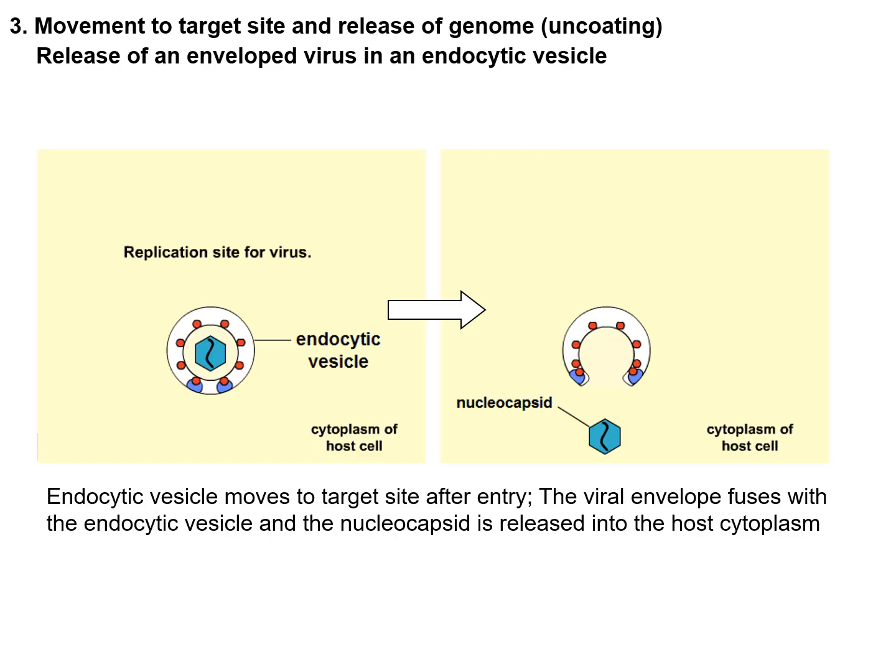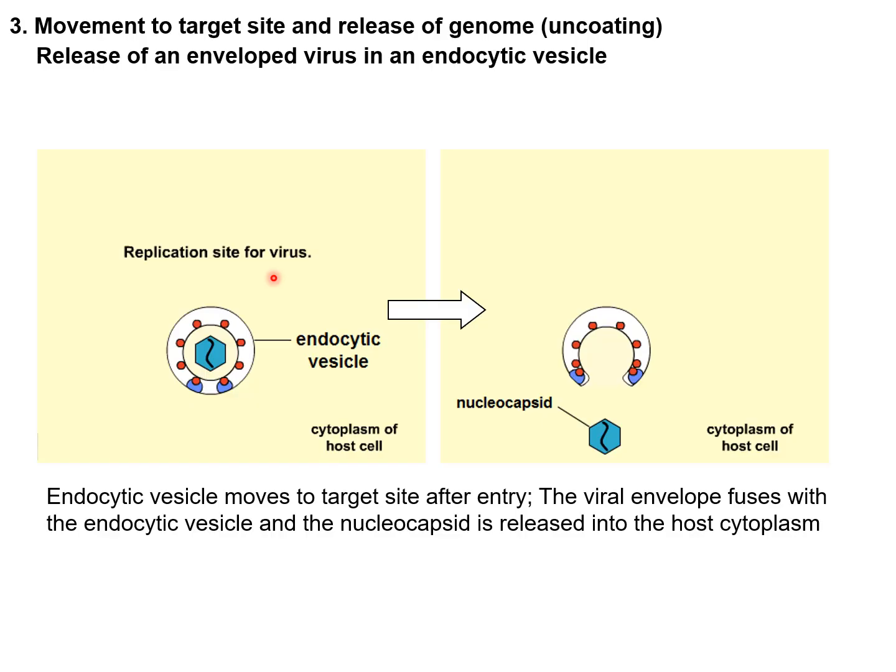So let's start with the case of an enveloped virus that came in an endocytic vesicle. How is it released? What could happen is the endocytic vesicle will move to the target site after it goes in. How exactly it is guided is not always understood, but we know that the endocytic vesicle will go to wherever the site of the replication of the virus is, or wherever the virus needs to be.